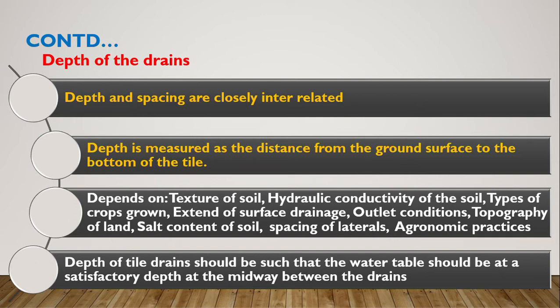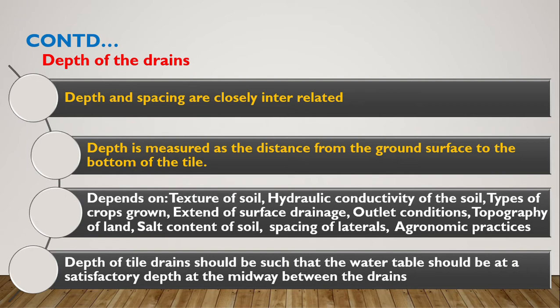And the second thing in this step is depth of the drains. We are placing a number of pipelines below the soil and refilling the soil. So how much depth do we have to place these tiles? What we are aiming at is to remove the subsurface excess water. So we are removing the water below the root zone.